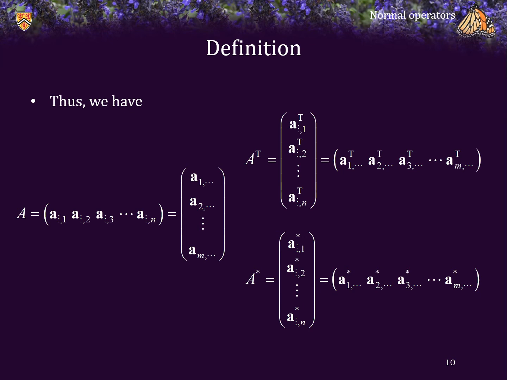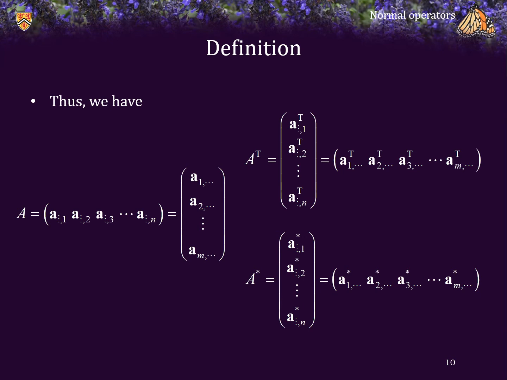Consequently, the transpose can be seen as a matrix of n row vectors, each of which is the transpose of the column vectors of the original matrix, or we can see it as a collection of m column vectors, each column vector of which is the transpose of one of the m row vectors of the original matrix.